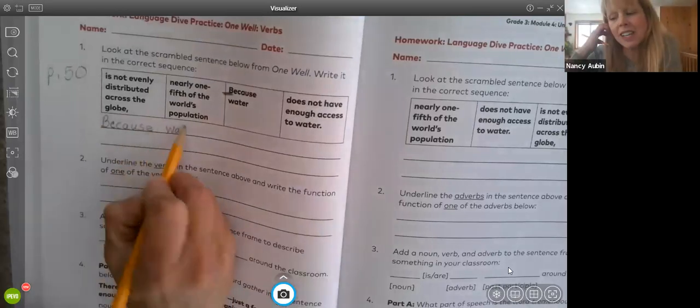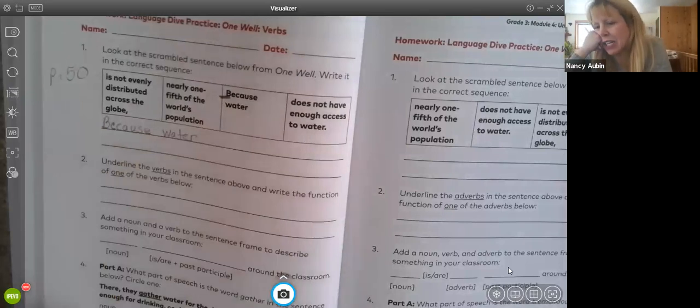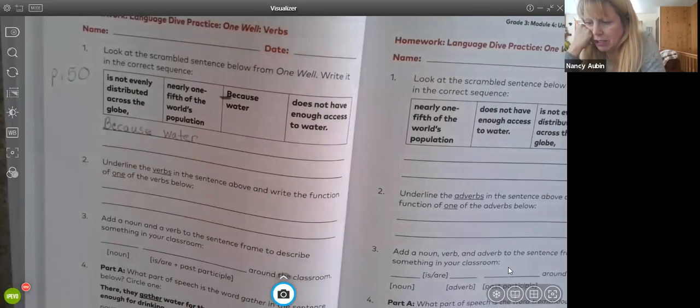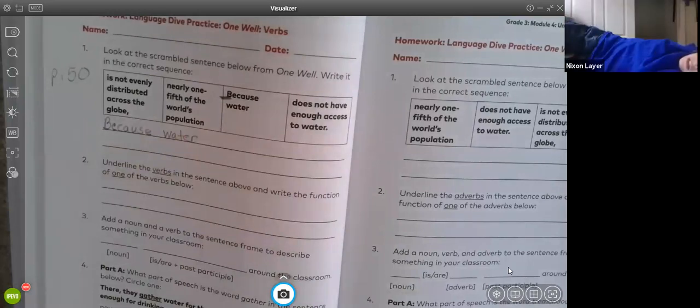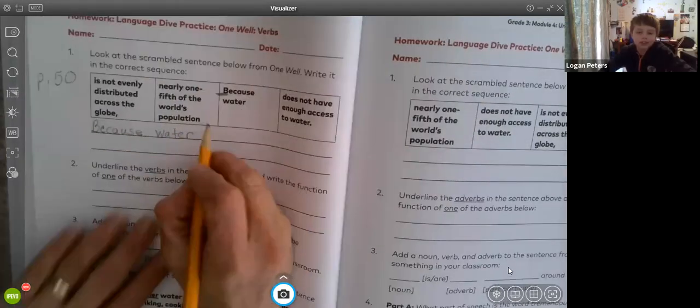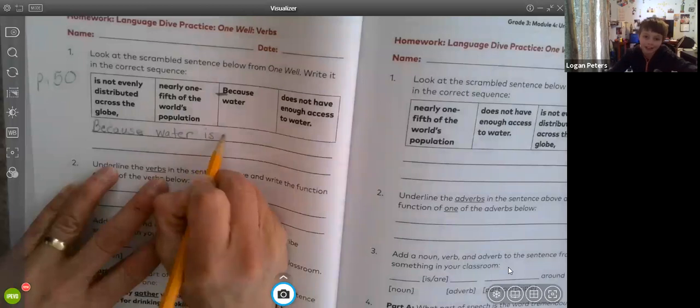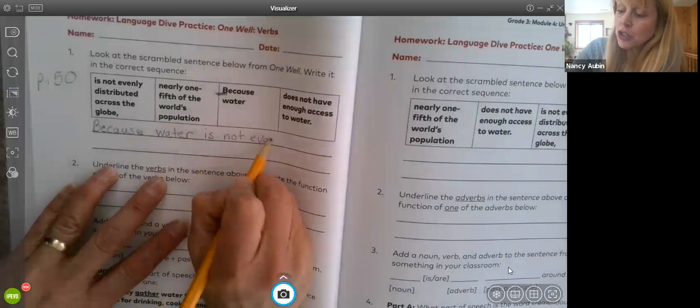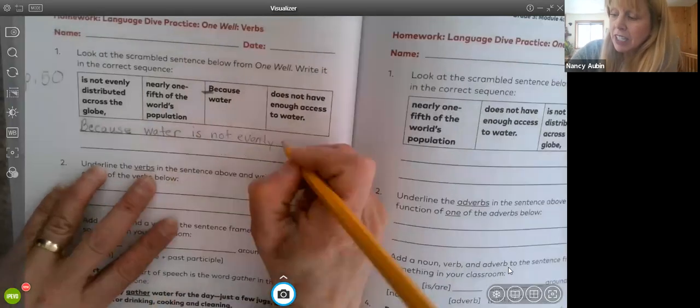Okay. What's going to follow that? Do you think, Logan Peters, after because water? Not evenly distributed. Across the globe. Is not evenly distributed. Think about verbs.